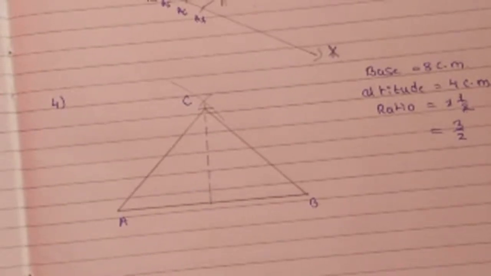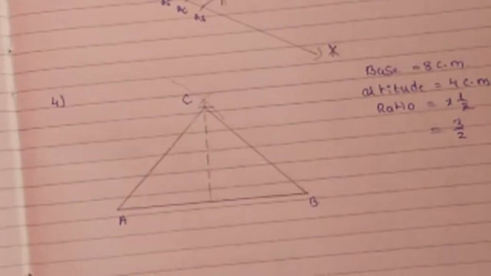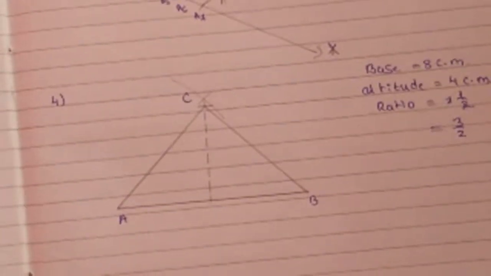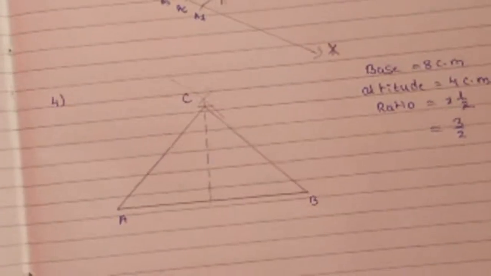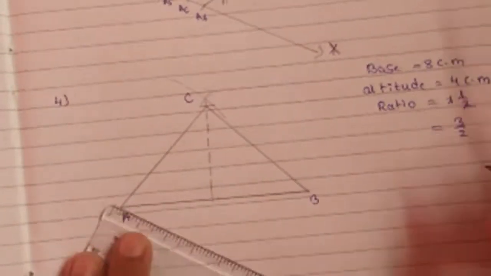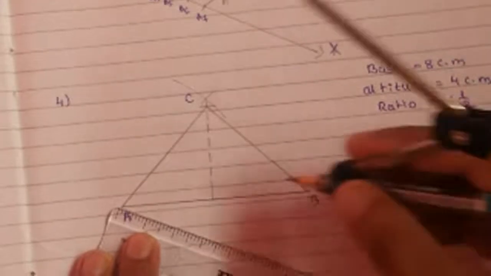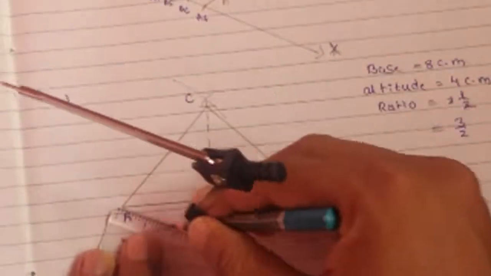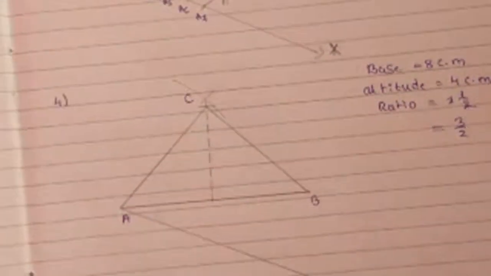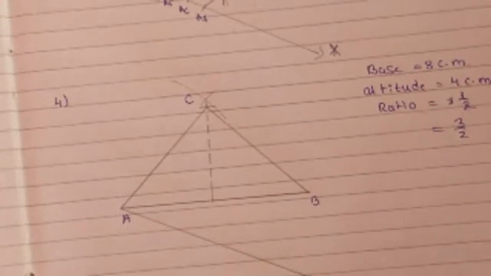So we have to compare the numerator as well as the denominator, and then we have to get the maximum value for the construction. So I will draw one inclined line from this point. So I will name this as X.